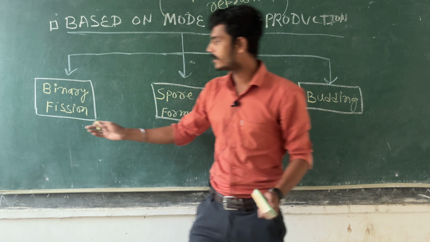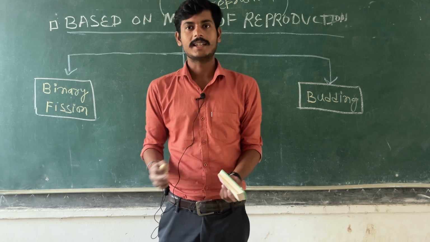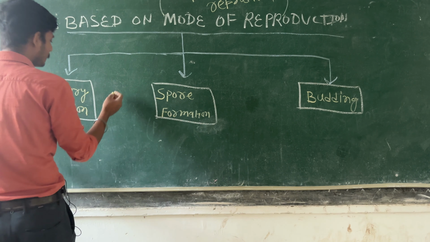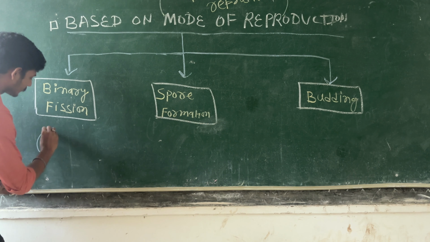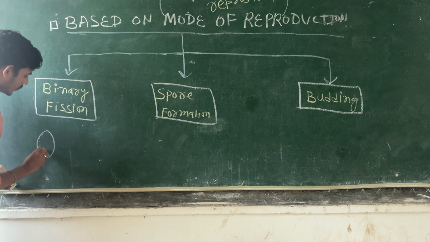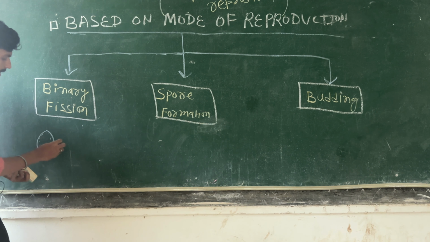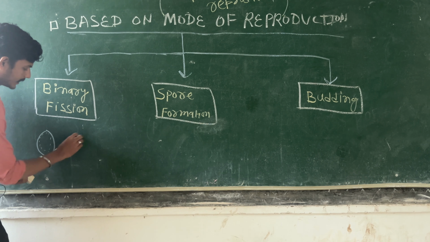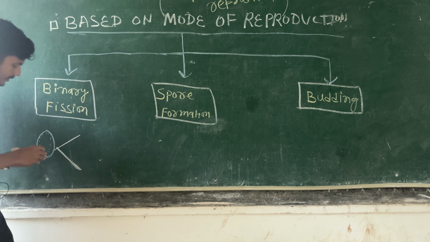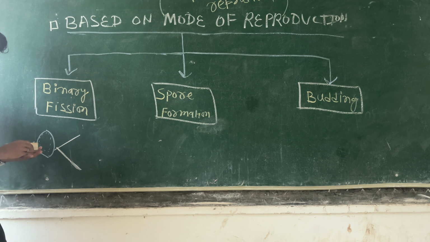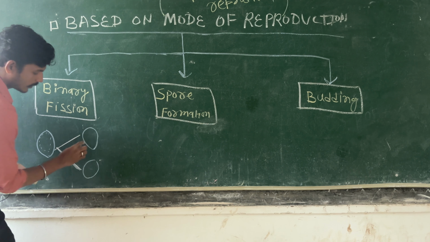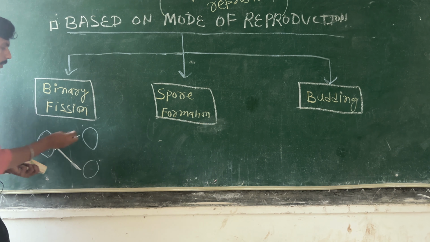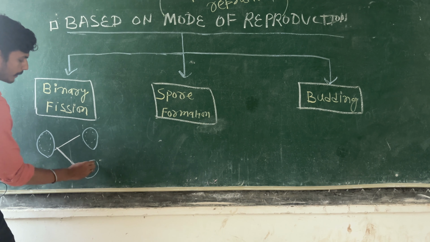Starting with binary fission, as you said, from one parent cell there is a formation of two daughter cells. It means from one bacterium there is a formation of two bacteria.